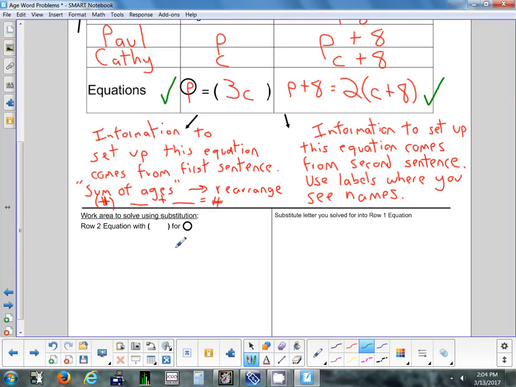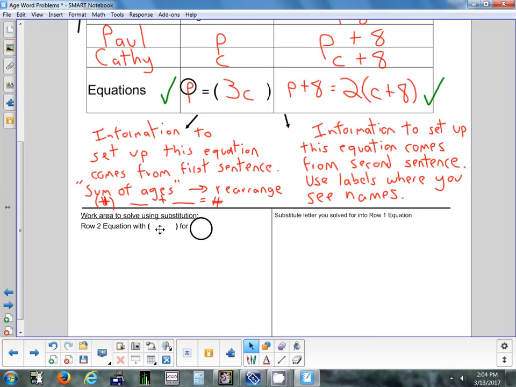See how the P has a circle around it? Wherever I see this letter that's circled in the other equation, I want to put what's inside the parentheses. So wherever I see whatever letter I put in the circle, I want to plug in what's in the parentheses for that letter in the other equation.